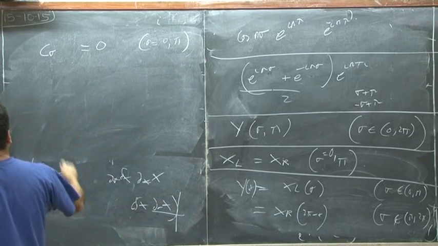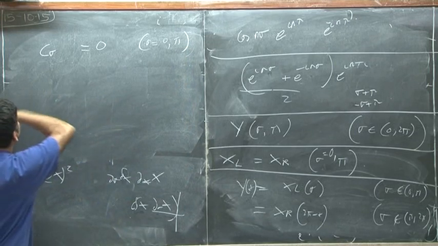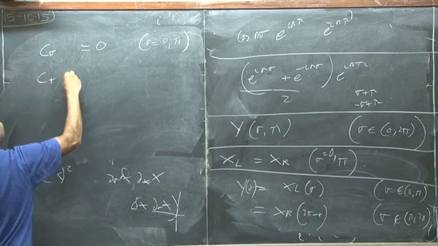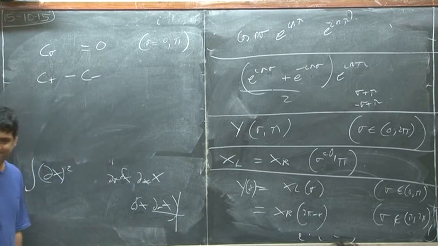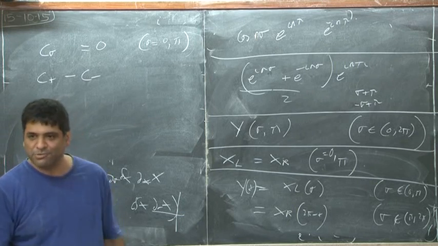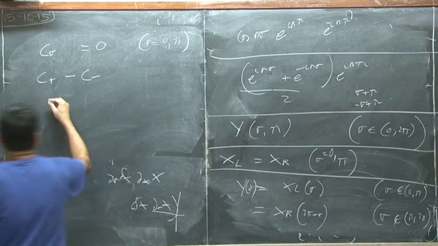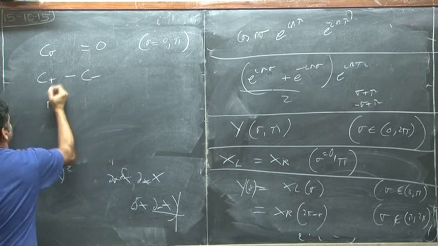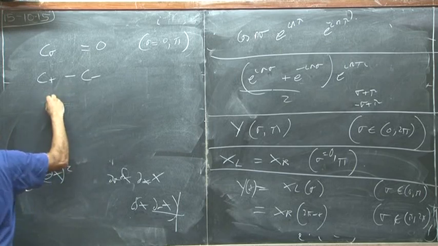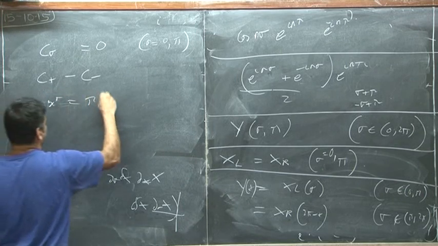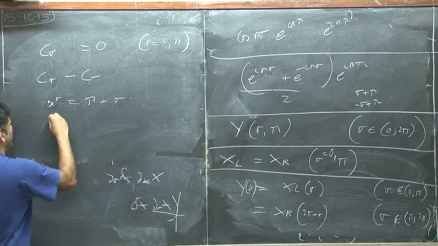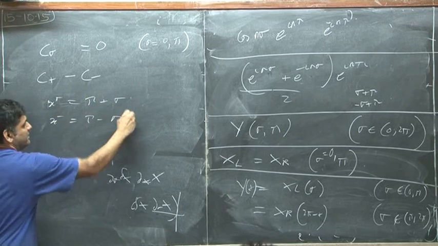Okay? But C sigma is basically C plus minus C minus with some factor of 2. Because C plus, remember what plus was? Plus was tau plus sigma, x plus equal to tau plus sigma, and x minus is equal to tau minus sigma.